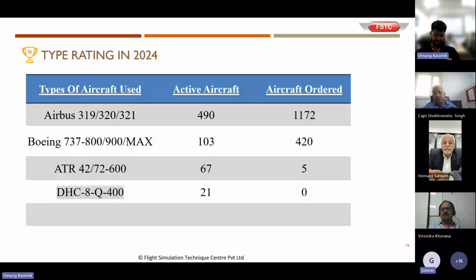Good evening, Captain Samant, and to all the other gentlemen, Captain as well. Sir, my question was related to your point about ATR aircraft, that it is a good option to go for a type rating for this aircraft. However, are there any current opportunities for pilots to transition from ATR aircraft to jet aircraft so that they can fly longer routes?